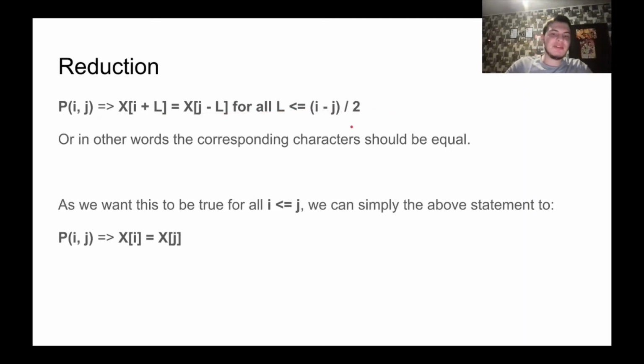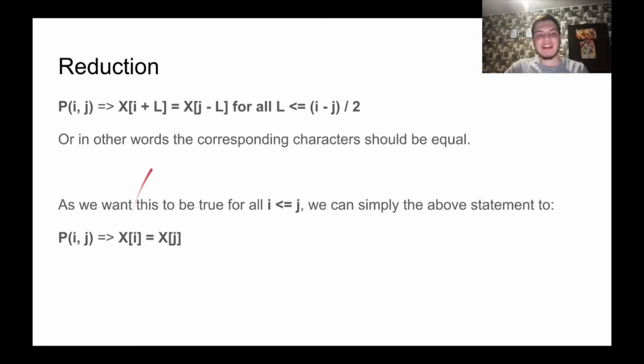But we can easily reduce it, because if P of i j is true, then the leftmost character should be equal to the rightmost character. Why is this true? Mainly because if P of i j is a palindrome, then also P of i plus 1, j minus 1 will be a palindrome, just by the properties of a palindrome.